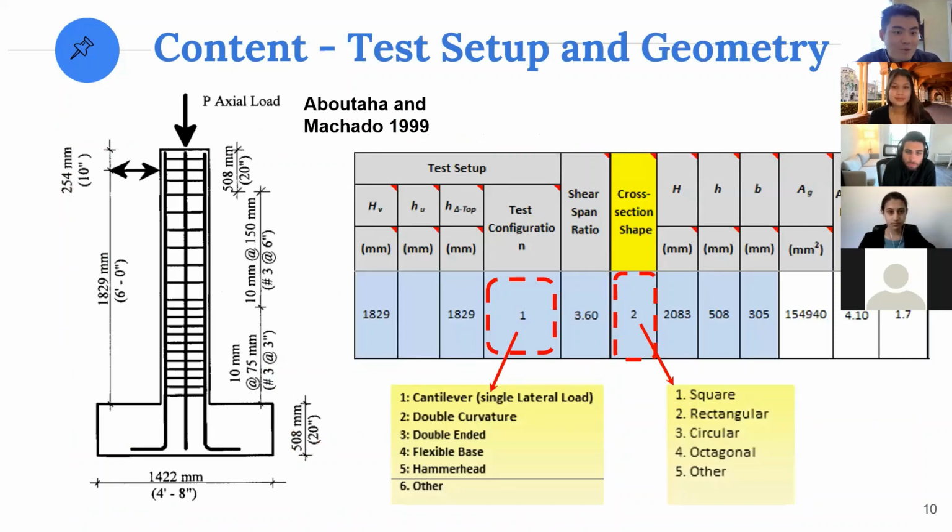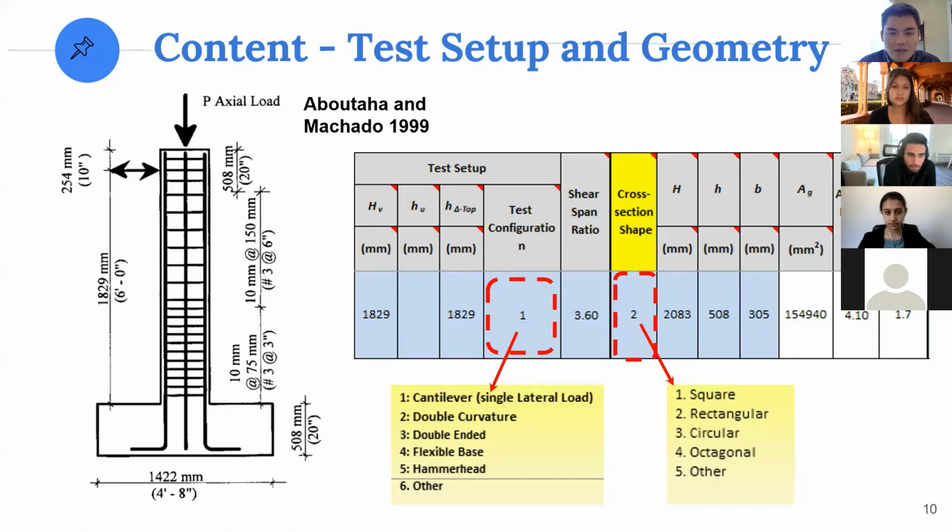And here is an example of how we collected specimen data. What we have on the left here is a cantilever column. So in the Excel sheet, we indicated the test configuration with a number 1, which stands for cantilever.